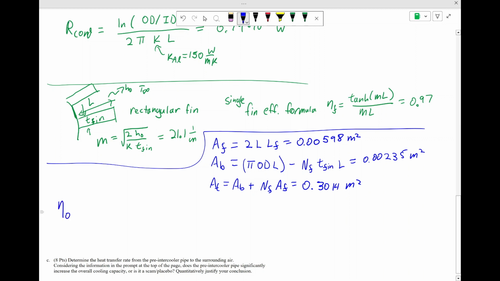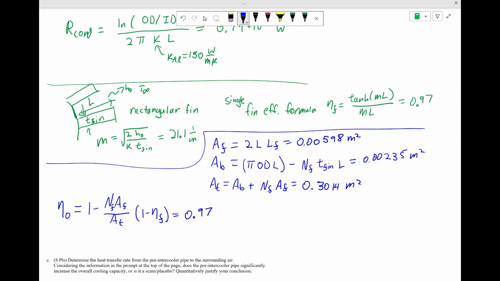So we could say that the overall efficiency of the surface is going to be 1 minus number of fins times the area of each fin over the total area times 1 minus the efficiency of a fin, and this comes out to 0.97.